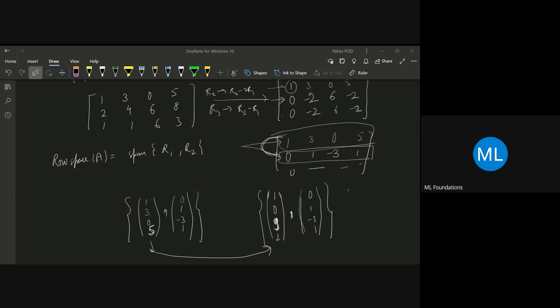Can you write it over here? Both the methods do not give the same spanning set. Yes, it's not giving the same spanning set.